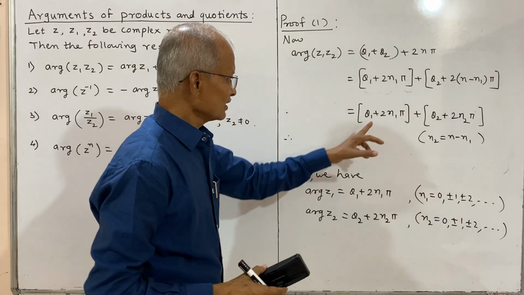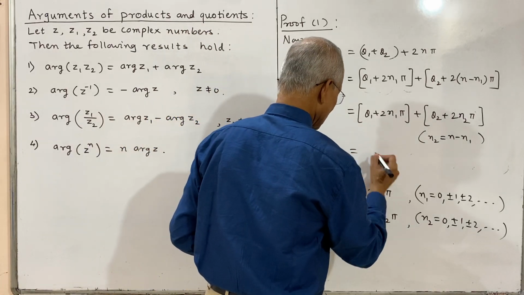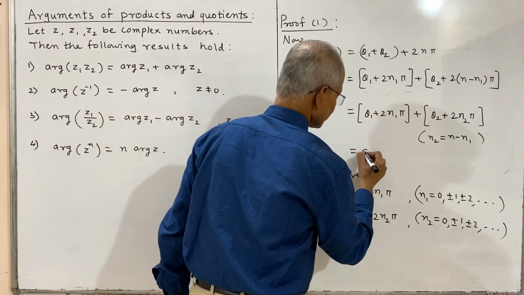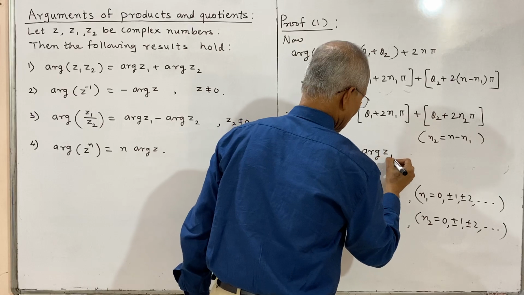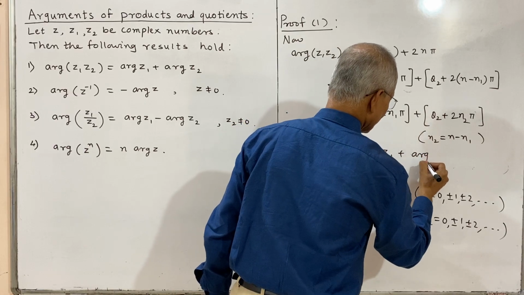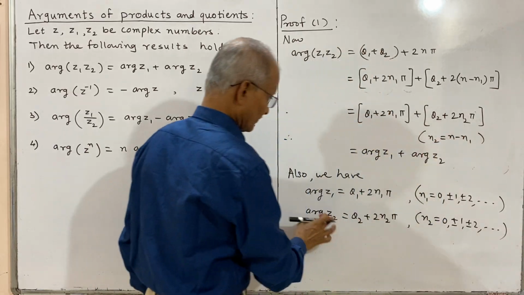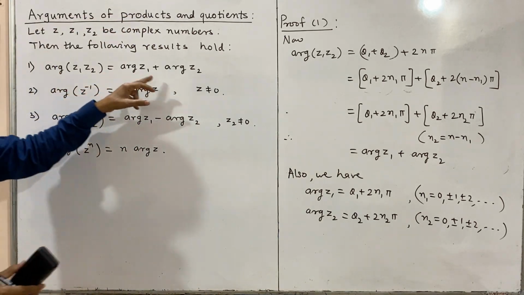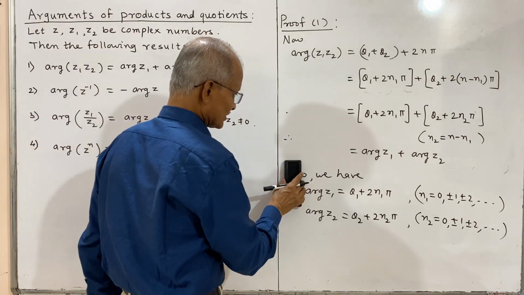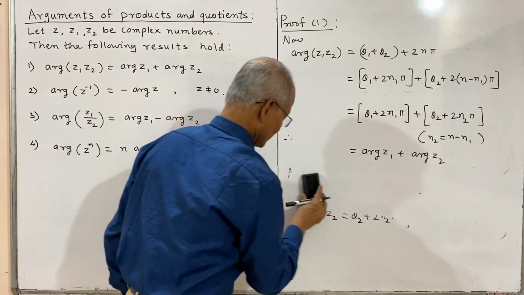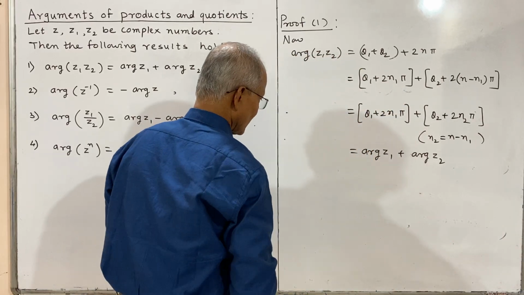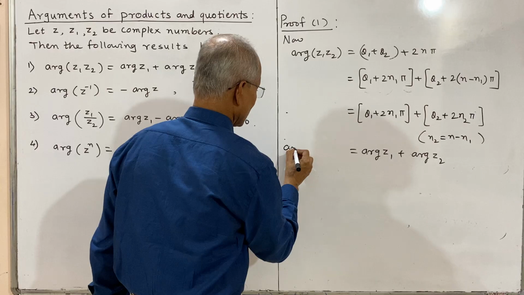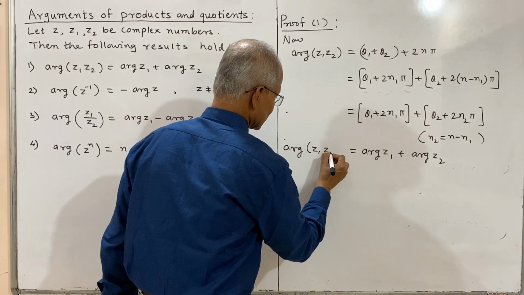But now what is this first bracket? It is the argument of z1, and the second bracket is the argument of z2, and thus the result follows. First result follows, argument of z1 z2 is equal to argument z1 plus argument z2. So hence the first result.